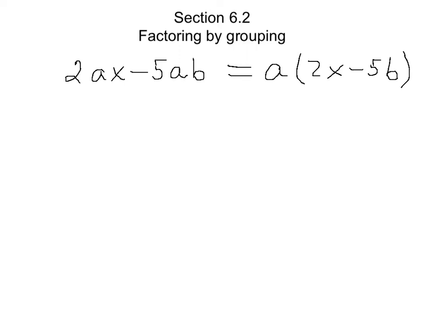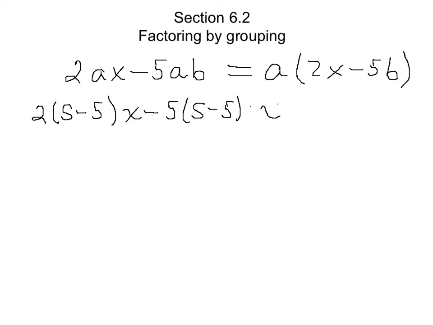But now let's look at this problem to factor: 2 times (s minus 5) times x minus 5 times (s minus 5) times b. Now that looks a lot more complicated, doesn't it? But please notice that here we have an s minus 5 twice, just like here we have an a.